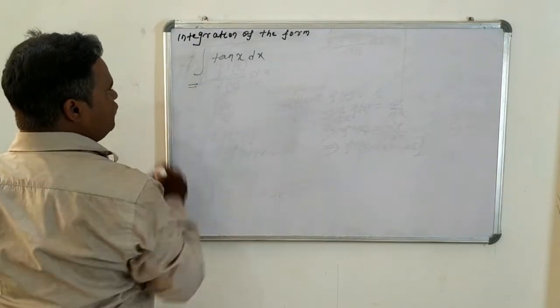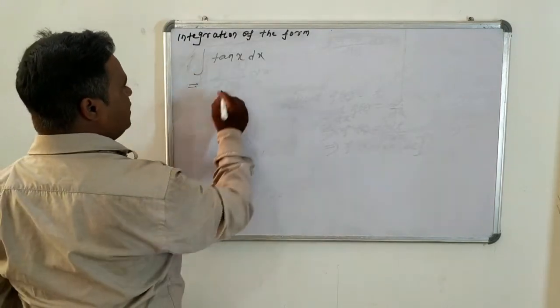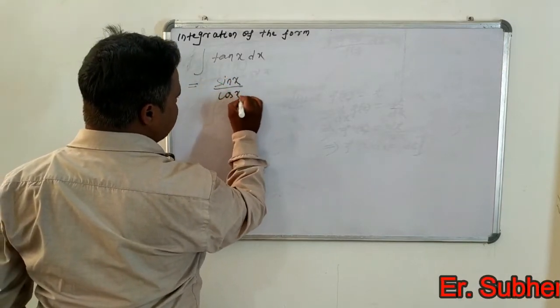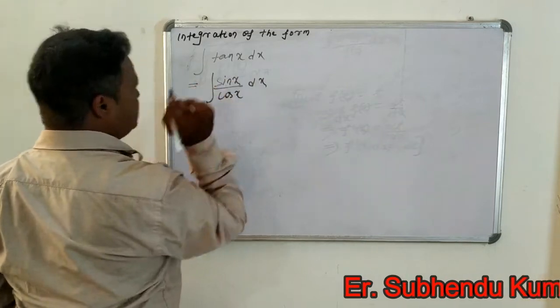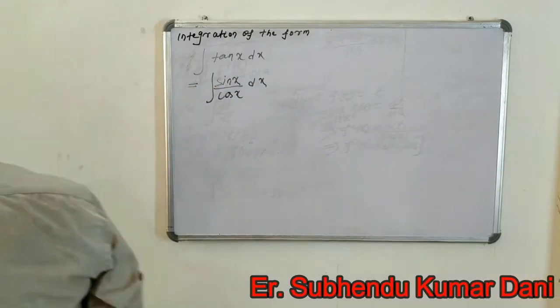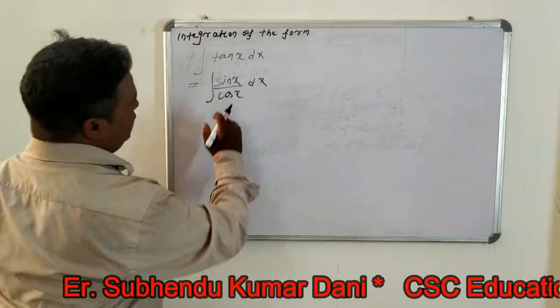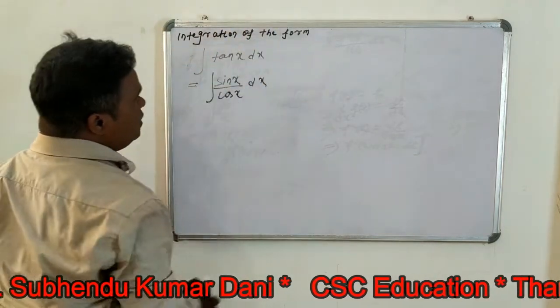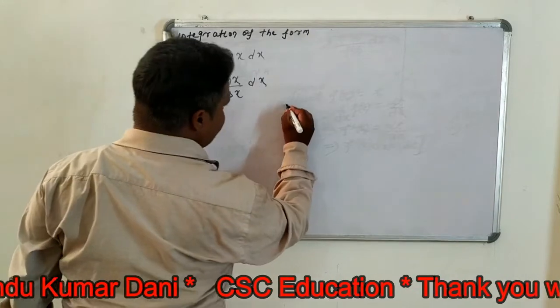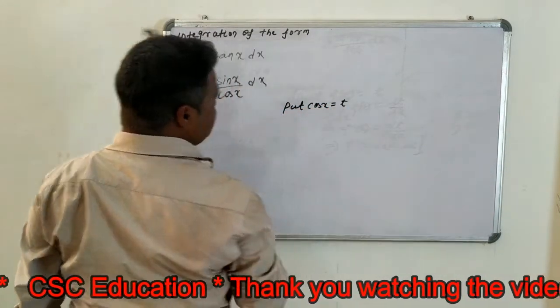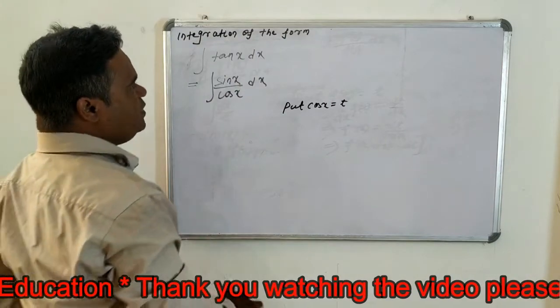This value equals, first of all, tan x converted to sin x divided by cos x, dx. Now by the integration substitution method, put cos x equal to t. So t is a function of x.